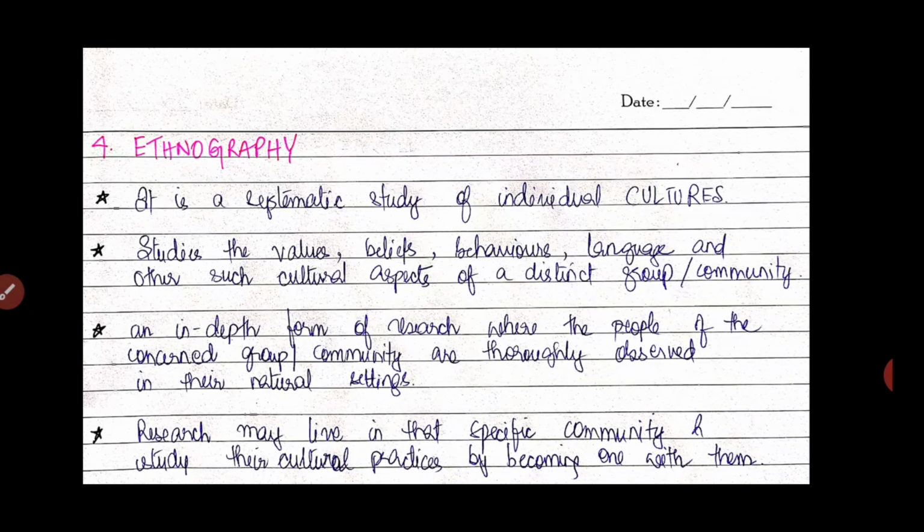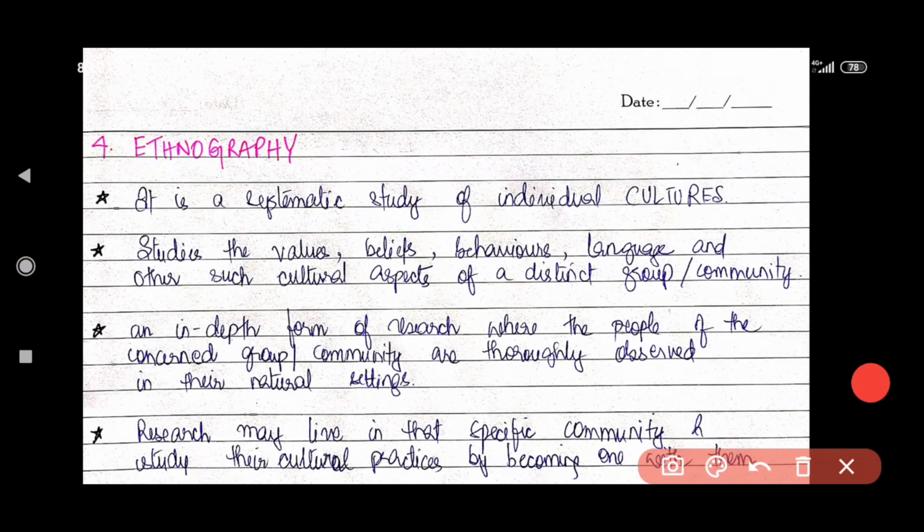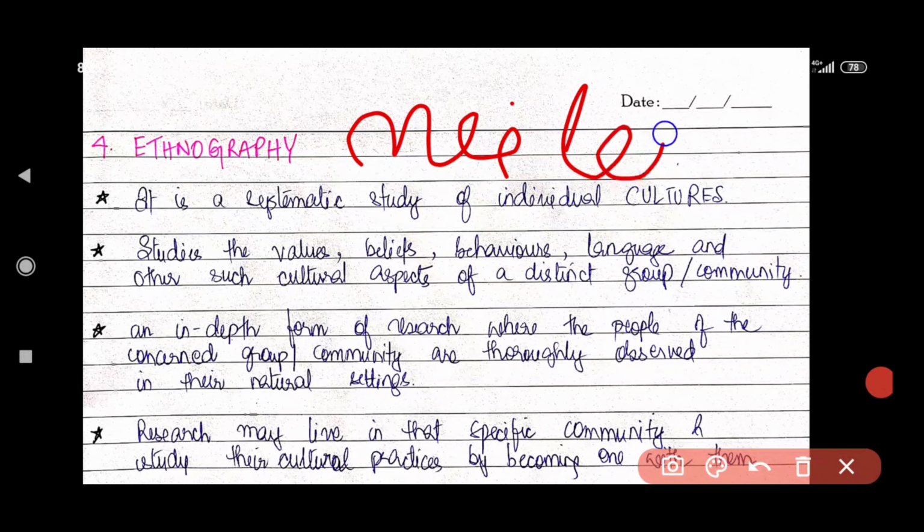Let us say you are a researcher from Punjab, and for your PhD, you want to conduct an ethnographic research on the community of Meitei from Manipur. Okay? So you want to do a research on the community of Meitei.